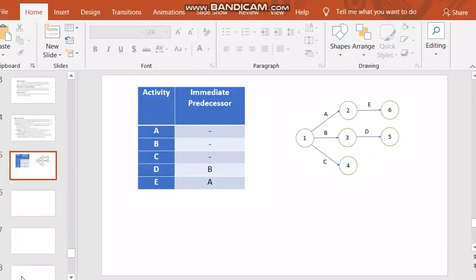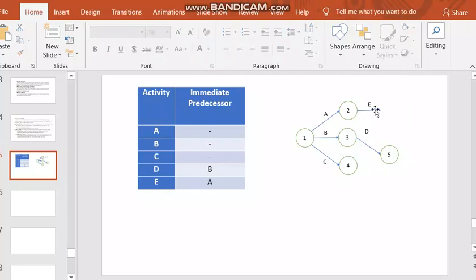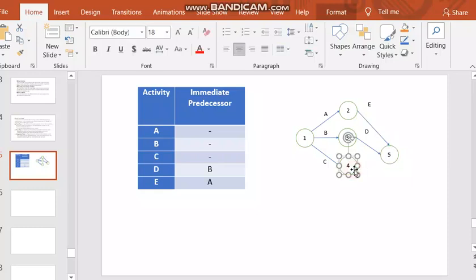See, suppose this is our diagram. Now to satisfy our rule, what we should do is bring this down like this. I will attach this to here, and this circle will not be needed, and this one I can bring here, and this is not necessary.